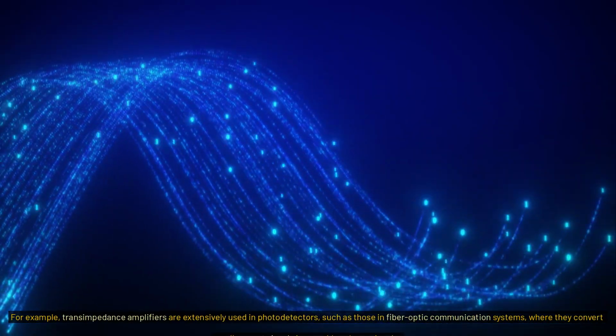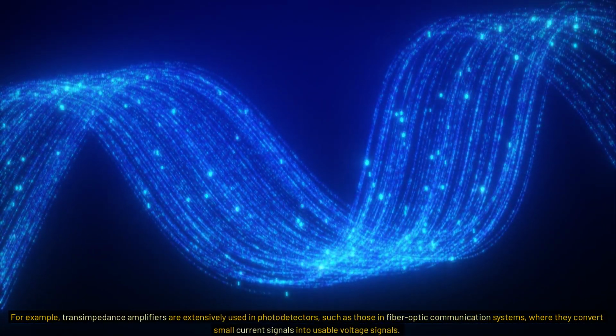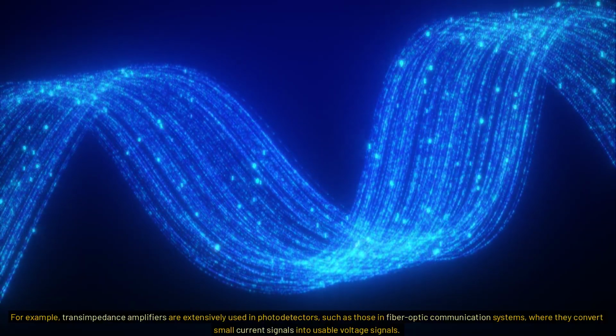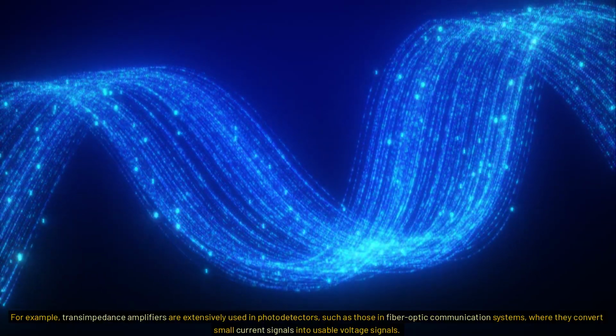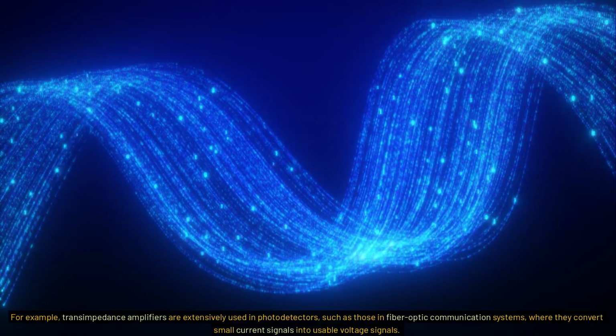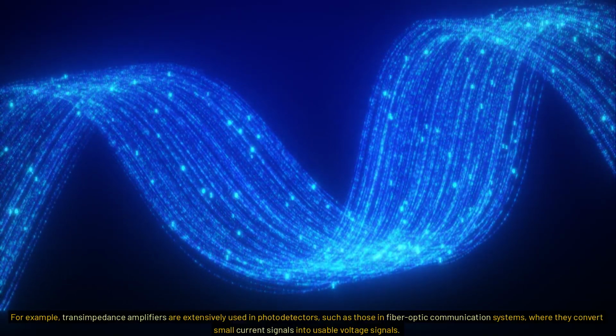For example, transimpedance amplifiers are extensively used in photodetectors, such as those in fiber optic communication systems, where they convert small current signals into usable voltage signals. Similarly, voltage amplifiers with negative feedback are essential in high-quality audio amplifiers, ensuring consistent sound levels without excessive distortion.